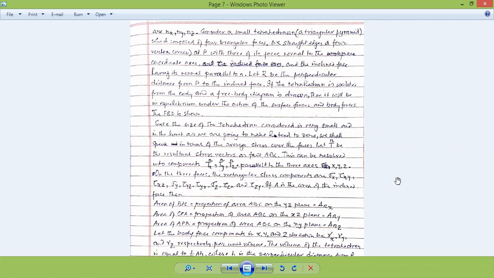Now, on all three faces, stress components are there. On the x plane, sigma x is the direct stress, and there are tau xy and tau xz.